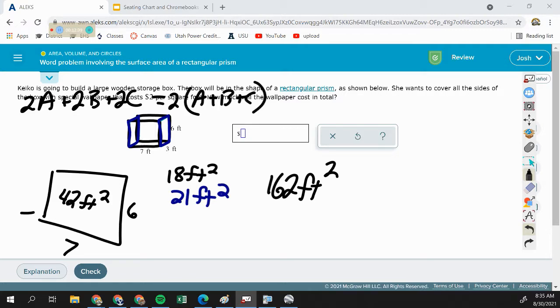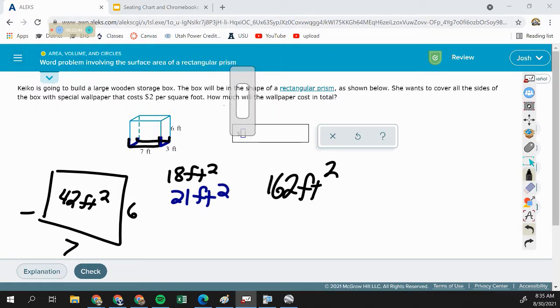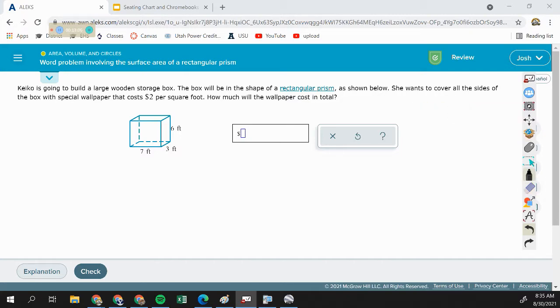We need enough wallpaper to cover 162 square feet. Well, that's not the answer. How much will the wallpaper cost in total? We need to multiply that by $2 per square foot, and that will tell us the final cost of all the wallpaper. Nice. All right. Next up.